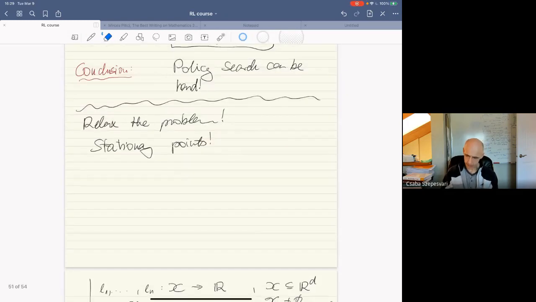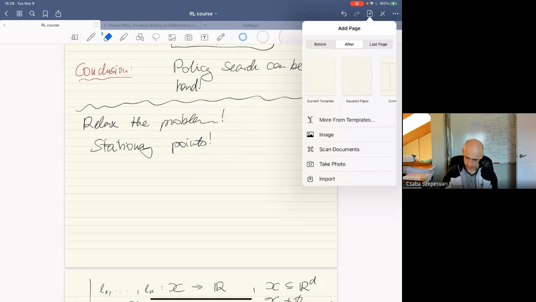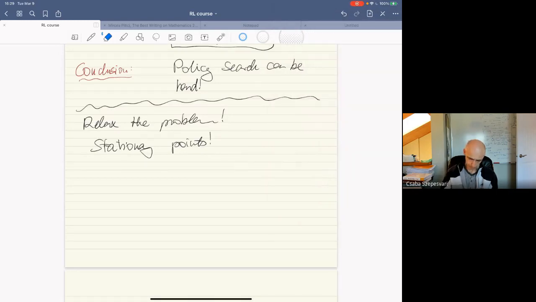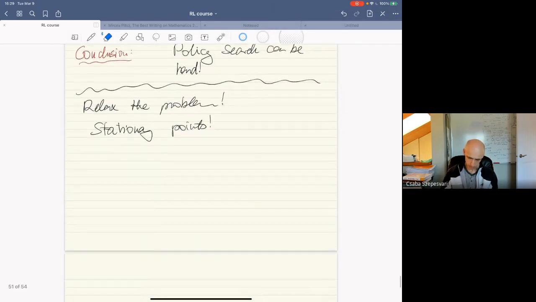So what does this mean? So we know what stationary points generally mean, right? So you look for a point where the gradient of the objective would be 0.